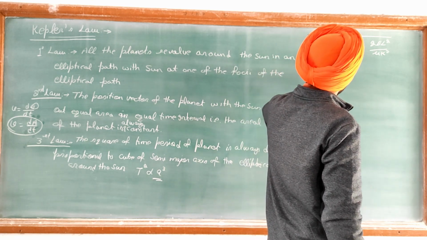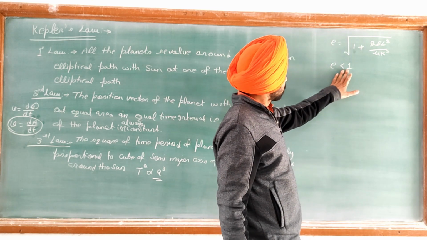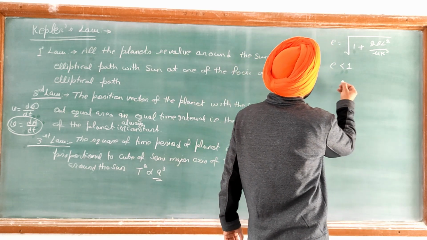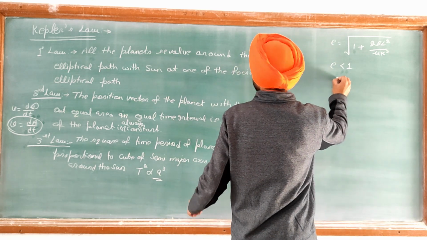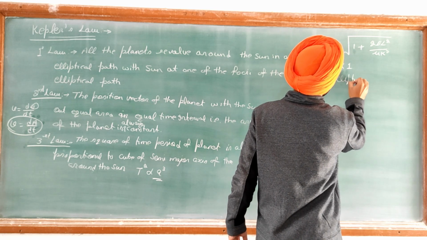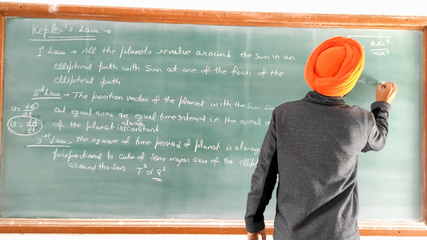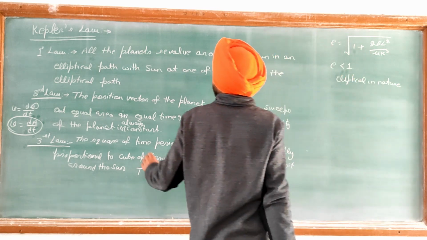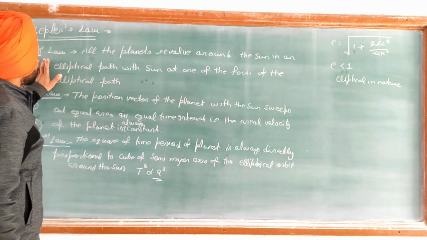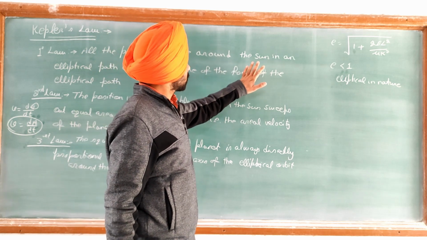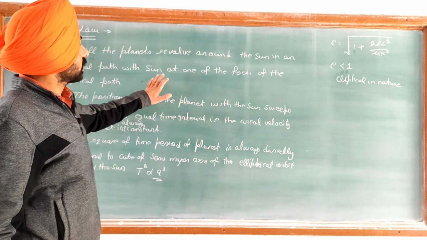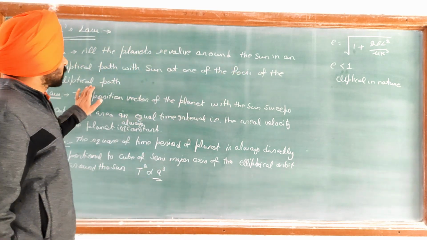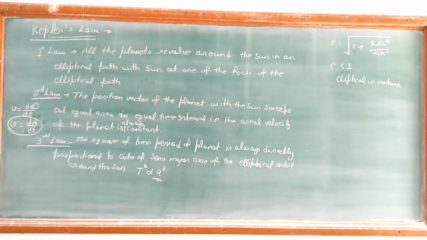And if eccentricity is less than 1, then the path or trajectory is elliptical in nature. So that was the statement of the first law. All the planets revolve around the sun in an elliptical path with the sun at one of the foci. In the elliptical orbit there are two foci and the sun is at one focus.